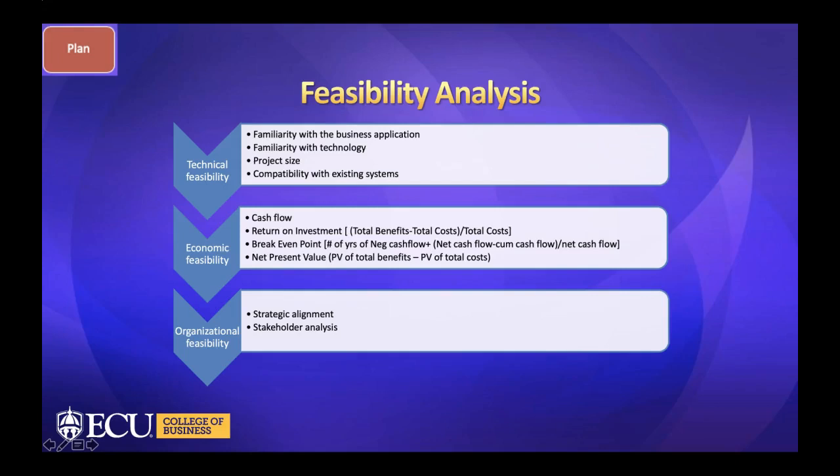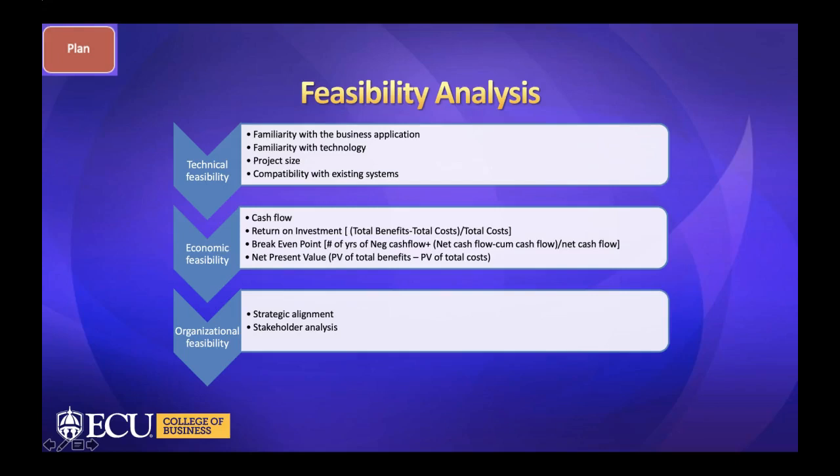So not only bringing different bits and pieces of information technology, but making sure that they work well together with the existing infrastructure. And if the company is not familiar with the technology, then they can think about, can we work with consultants who have experience? Can we afford that? That would also be part of technical feasibility.